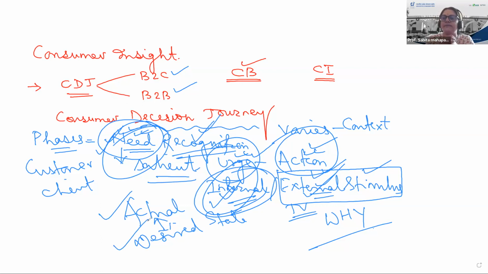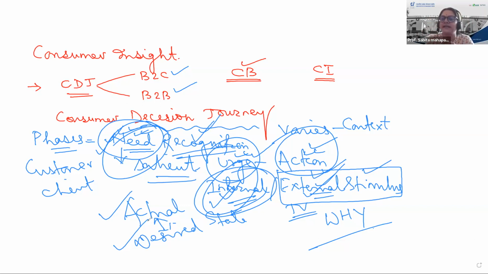What does it mean? If the actual state is, I don't have milk, and every day I drink milk, in the morning I see no milk, I will rush immediately to the nearby shop to get milk because the gap between my actual state and the desired state is very high. I want to reach the desired state.